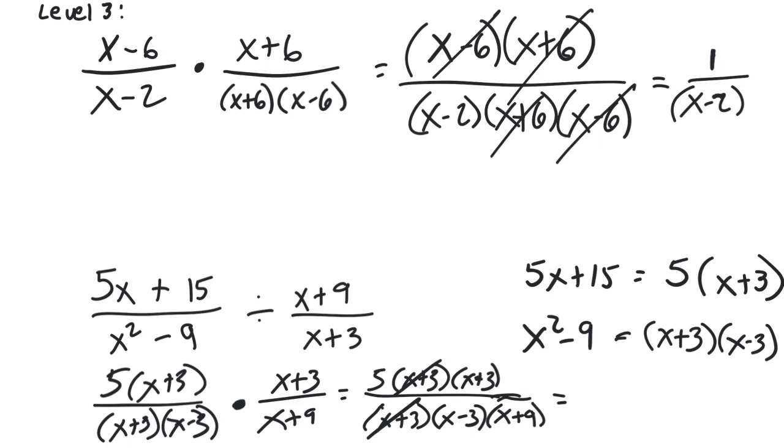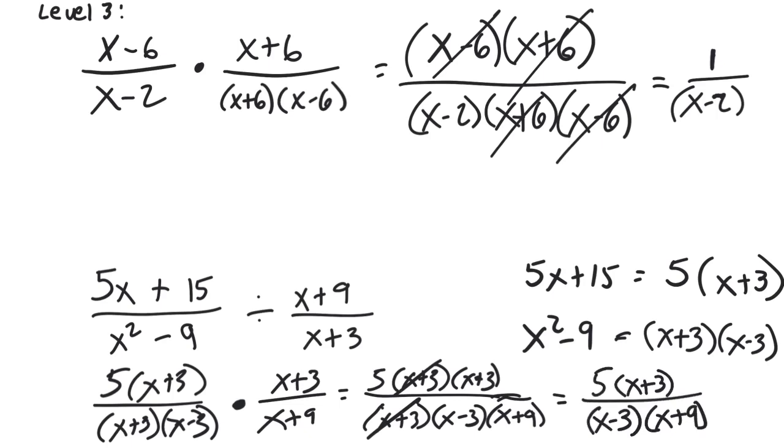I don't have an x plus 3 on bottom to go with the other one. So even though I had two x plus 3's here, only one gets to cancel off. I have to have one to match up on each side when I cancel things. So what happens is I end up with 5 times x plus 3 on top. And on bottom, I'll just leave it as factored form, x minus 3 times x plus 9.